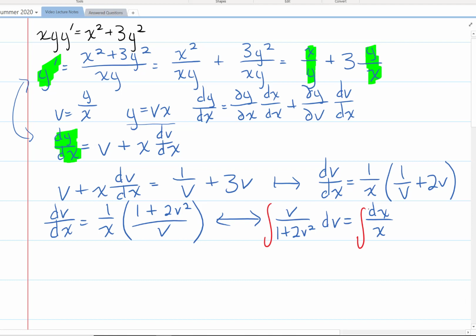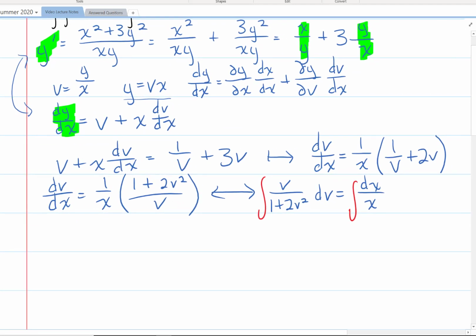Okay, so real similar to what we had before. Looks like we're going to use a u substitution here. So if we let u equal 1 plus 2v squared, then du is equal to 4v dv, or dv is going to equal du over 4v.